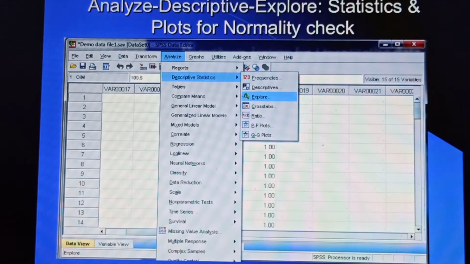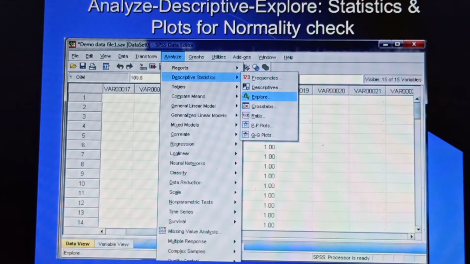In order to check for normality, we use the explore option in descriptive statistics. So go to analysis, descriptive statistics, and explore. These steps were explained in the previous video; I am just briefing now.